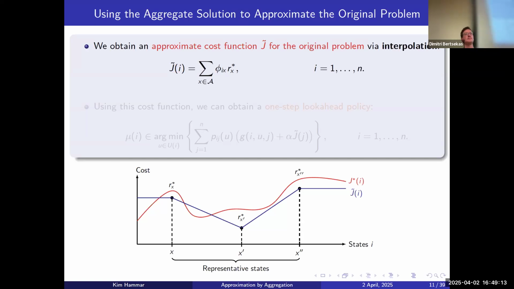Yes, please. You said representative states are part of the original grid. So current X dash and X double dash should fall on the cost function graph. Why is it?